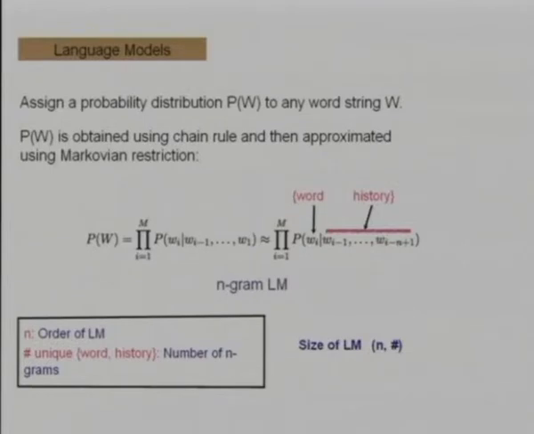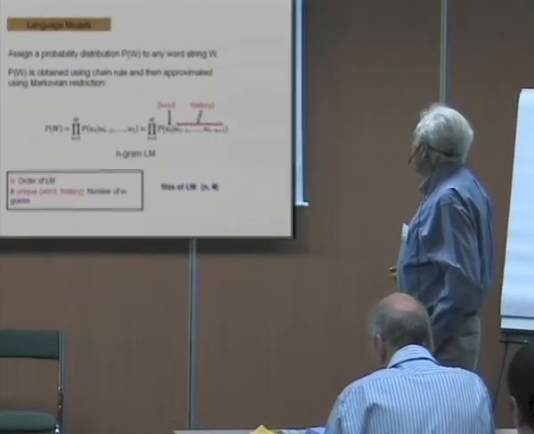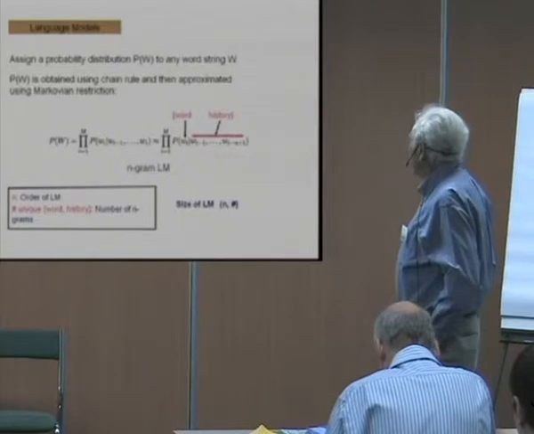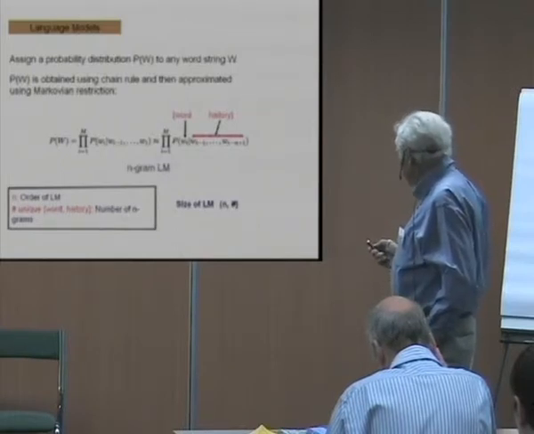And there are two parameters. There is how long the memory or the history is, and that's n. And on the basis of how large a training data is this probability estimated.